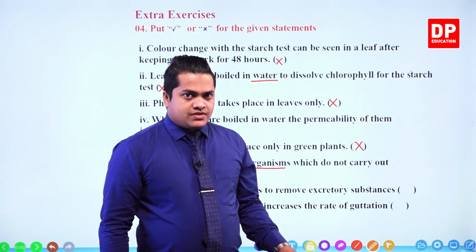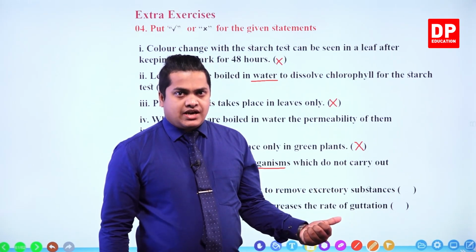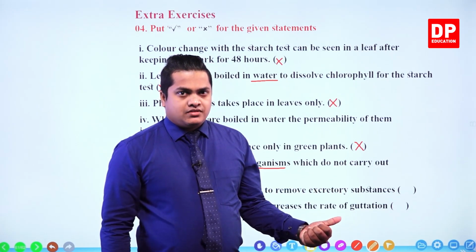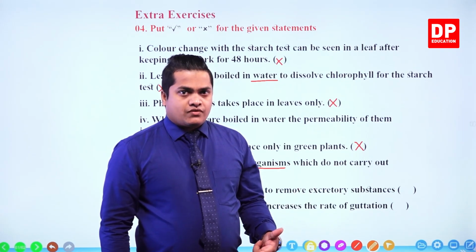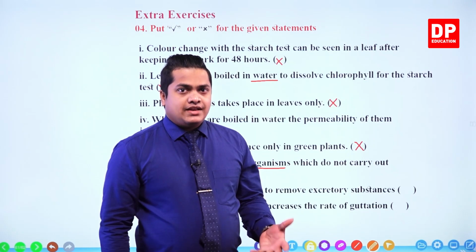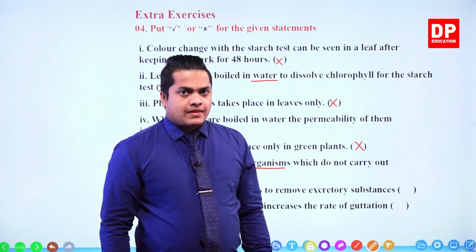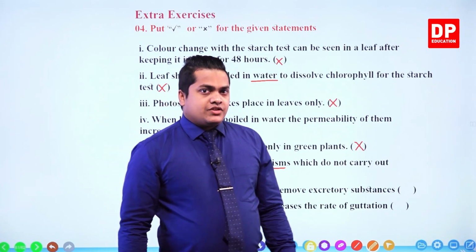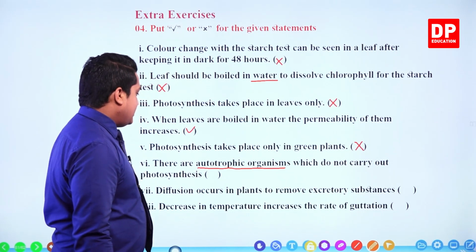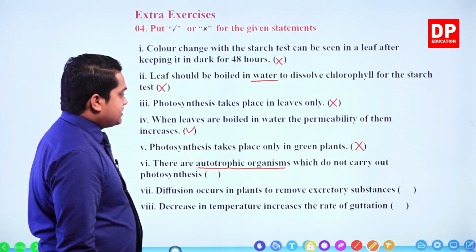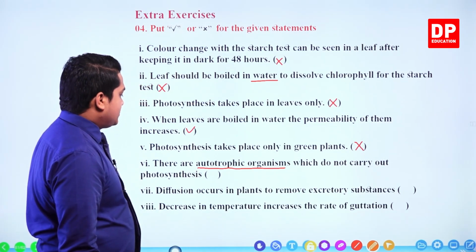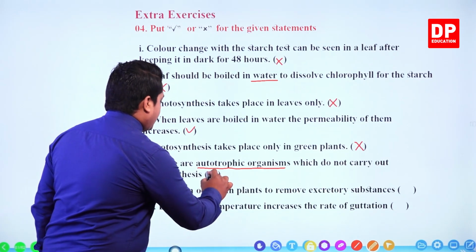In chemoautotrophism, chemical reaction is utilized. In photoautotrophism, light energy or solar energy is utilized. So my dear children, here they are mentioning that there are autotrophic organisms which do not carry out photosynthesis. So it is correct.